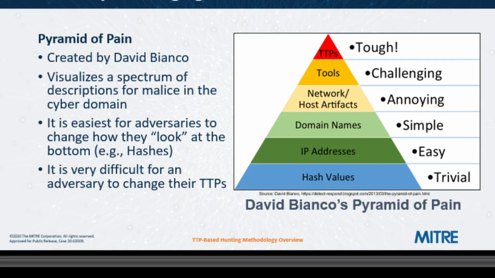Now, David Bianco captured this in 2013 in his Pyramid of Pain. And in this pyramid, he lists some of the different ways that you can characterize malicious observables, such as hash values or domain names. And he put them in order of how difficult they are for the adversary to change.